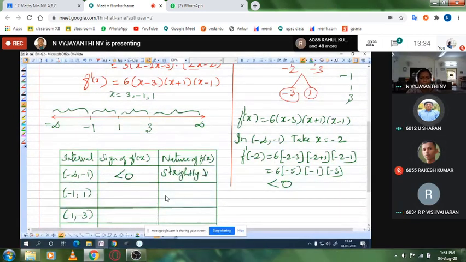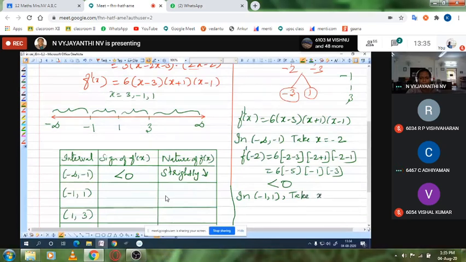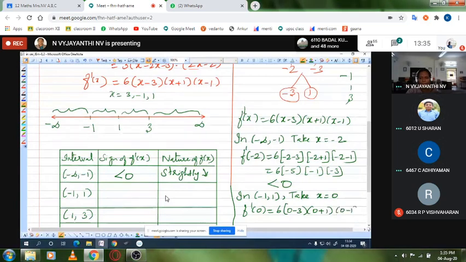So strictly decreasing. Okay. So in the next interval, minus 1 comma 1, what value shall we take? 0. So what is f dash of 0? 6 into 0 minus 3, 0 plus 1, 0 minus 1. What will you get?